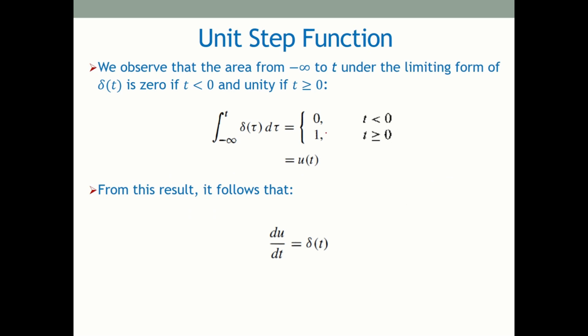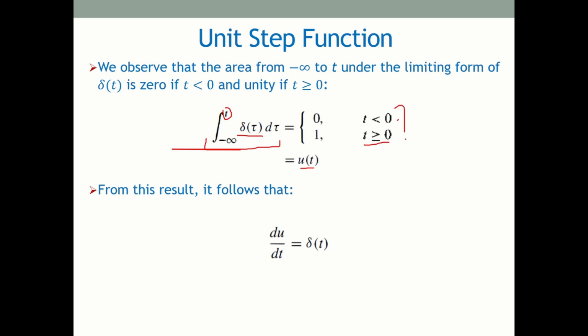Now we observe the relation between delta t and u(t) from this expression. If we take this integral from minus infinity to t, it will have a value of 0 while t is less than 0. When t is greater than 0, this integral will give us a value of 1.